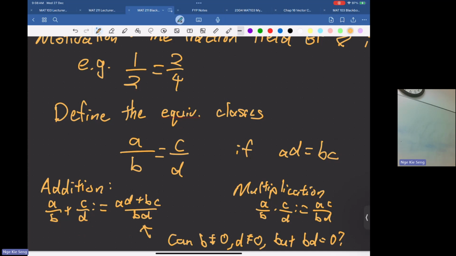It can. 2 is not 0 in Z4, but 2 times 2 you get 0 in Z4. Understand or not? So that's why I said math is very flexible.